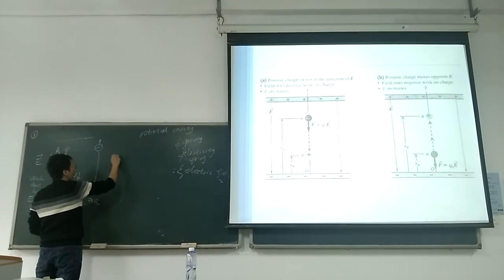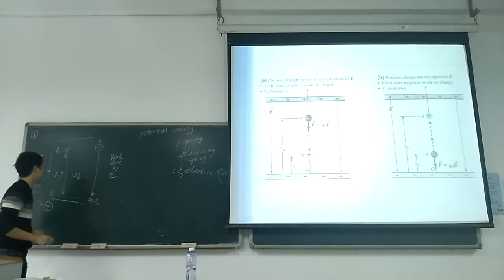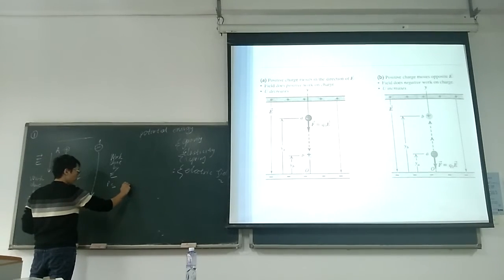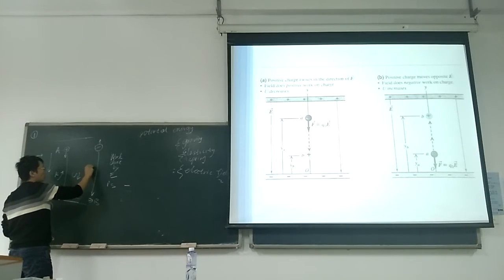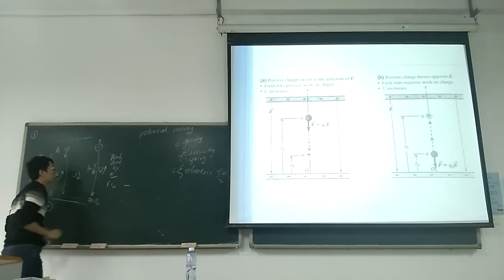Therefore, the work done by the electric field on the negative charge is negative. The kinetic energy of the point charge decreases and the potential energy is increased.